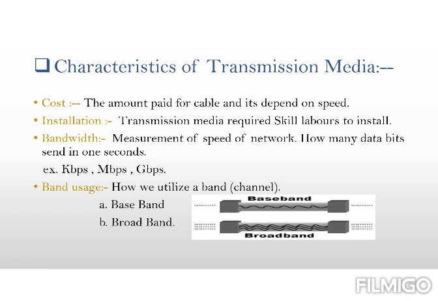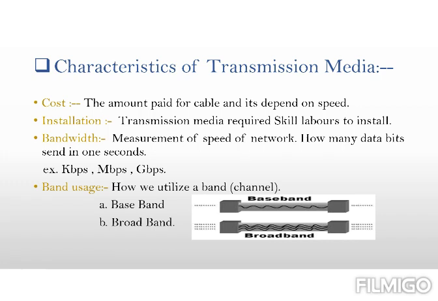Next is band usage. Band means channel, how you utilize your channel. Previously we had baseband and nowadays we are using broadband. Basically the baseband is used to transfer a single bit at a time, and broadband is used to transfer multiple bits at a time.